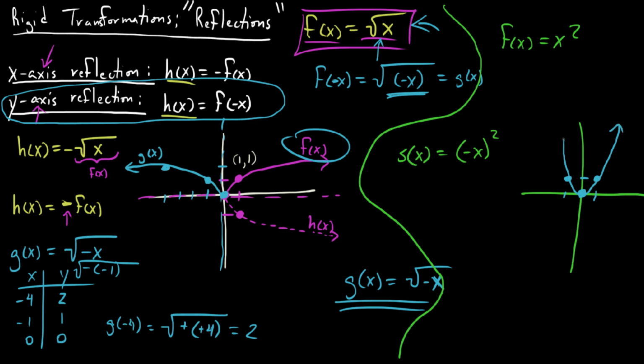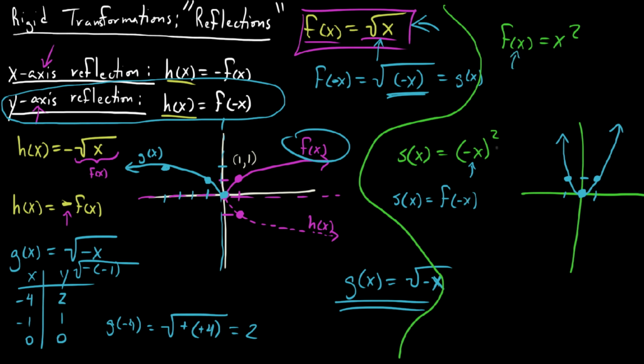Now observing this new function, you'll notice that this negative is not on the outside of this x squared, but it's hanging out inside with the x squared. In other words, this s of x is the same thing as f of negative x. It'd be like f of x if we had plugged in a negative right there. This would have been negative x squared.